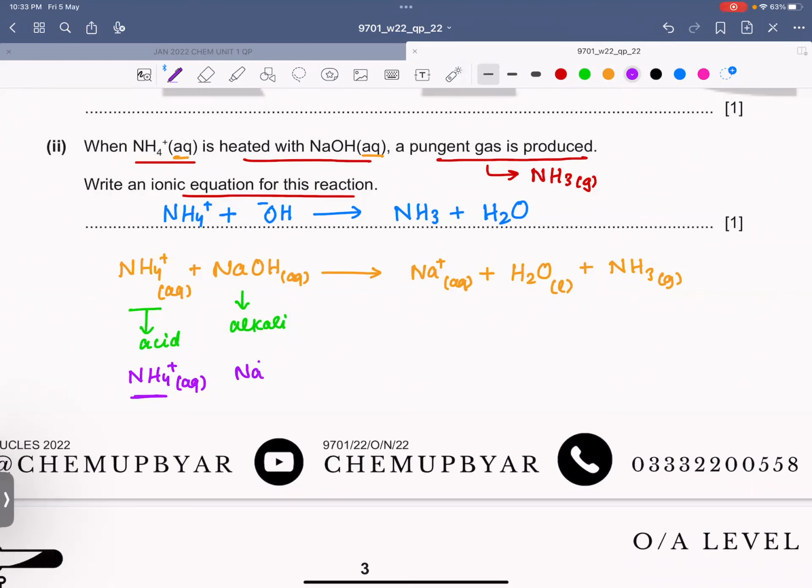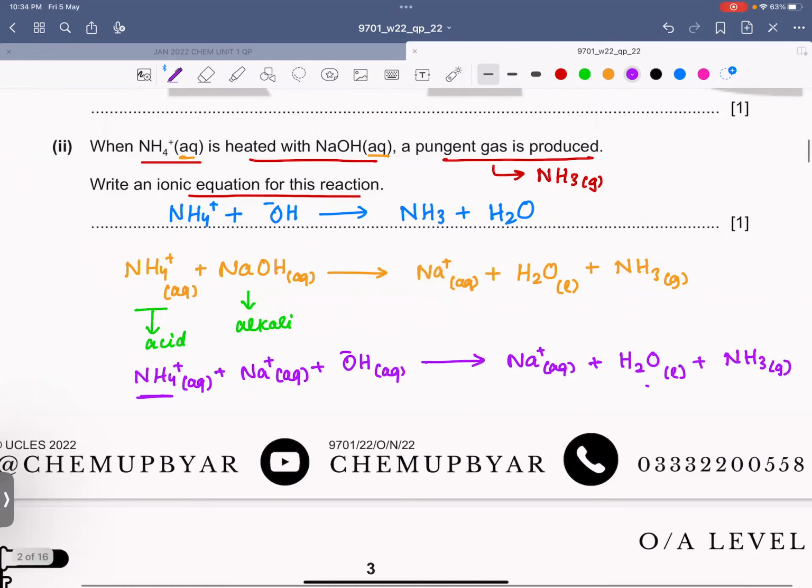Then I would split sodium hydroxide into ions, so I would get a sodium aqueous ion and a hydroxide aqueous ion. Then on the product side, I have again a sodium aqueous ion. Water or any solid or any gas or any liquid isn't split into ions, it stays the same. So these two, water and ammonia, stay the same. Is this clear?